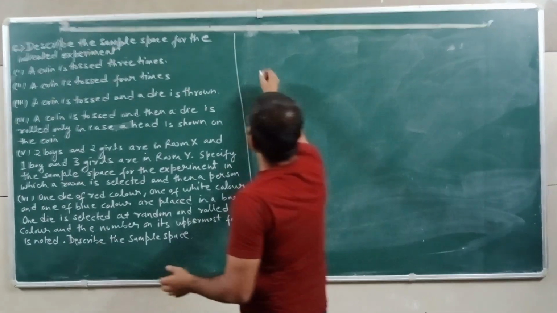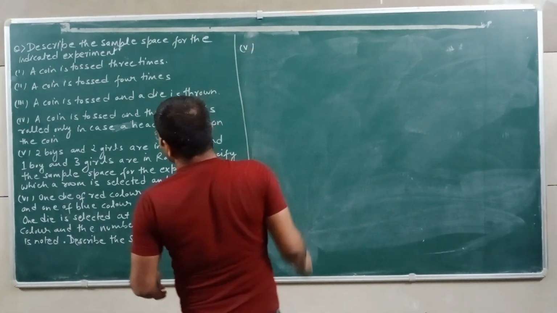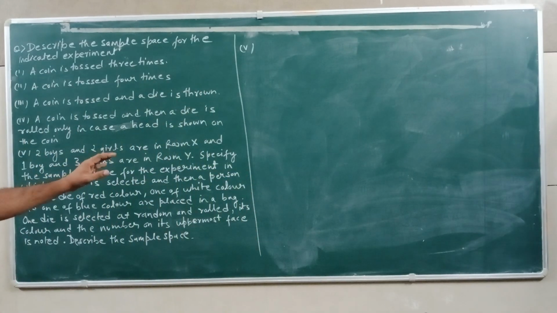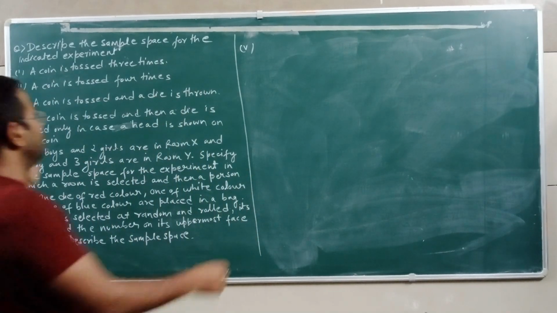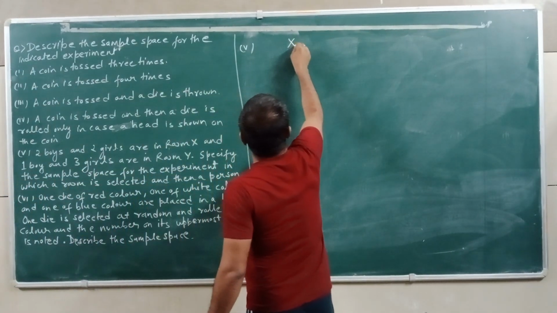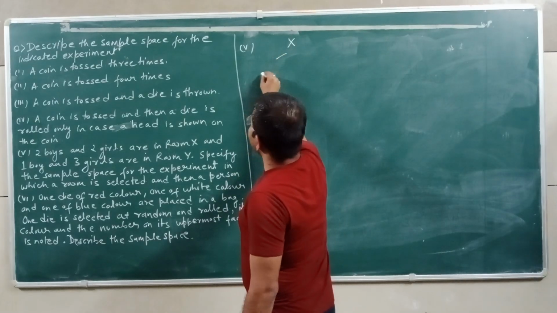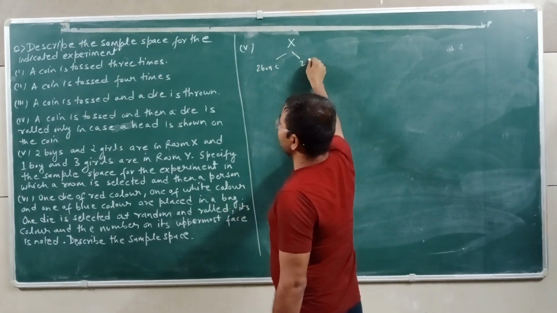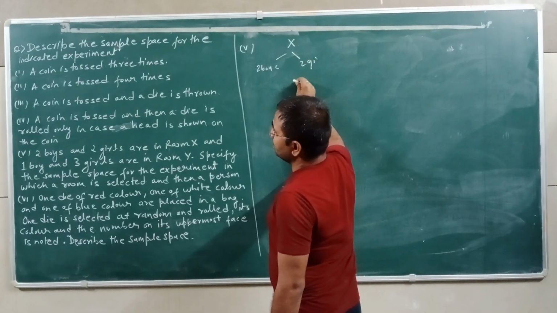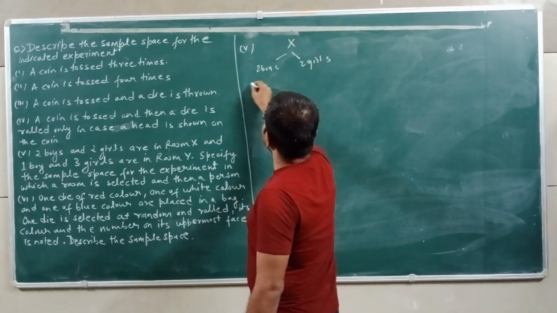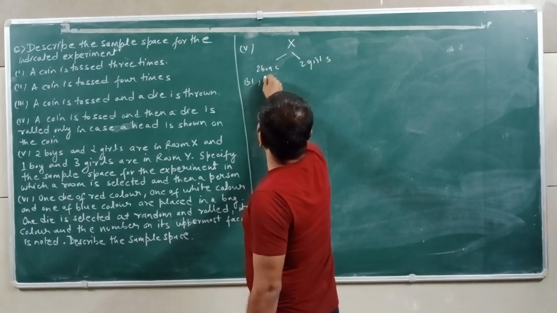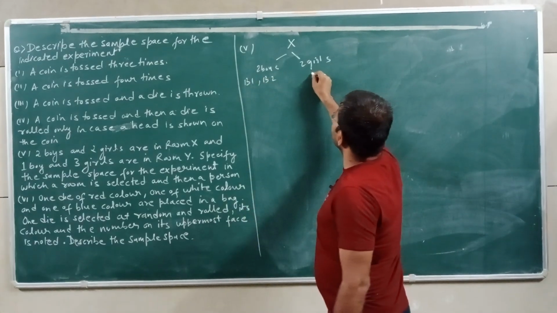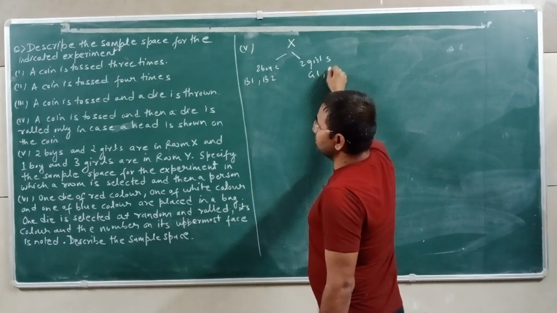Now see the fifth one. It says two boys and two girls are in room X. In this, two boys are there, and two girls are there. So suppose B1, B2 are there, and here G1, G2 are there.